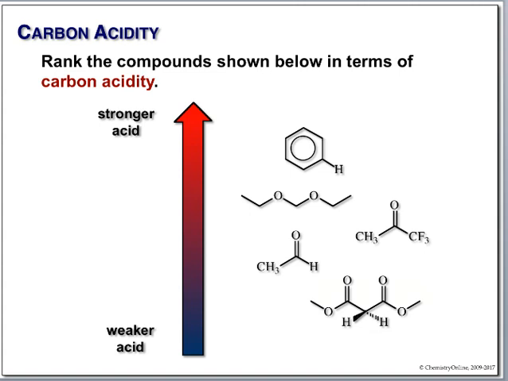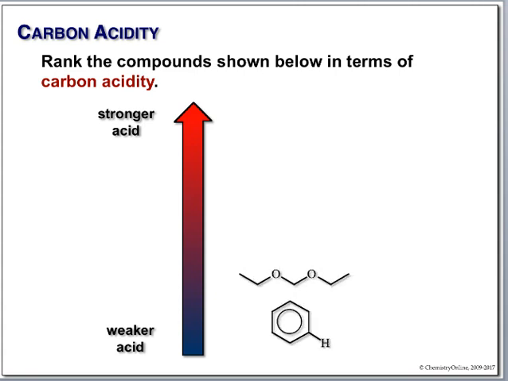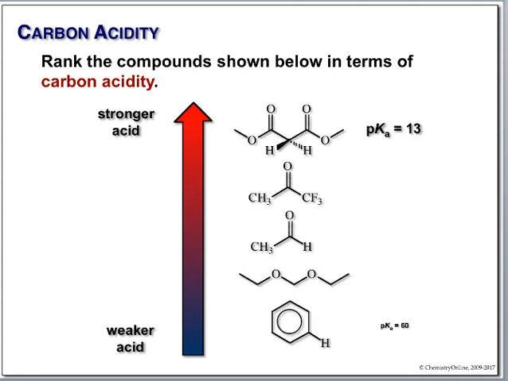This guy is going to be the most acidic, and the least acidic is going to be up here, just plain old ugly benzene. This is actually the ordering. Benzene, once again, is around 60, and this diester is about 13. So remarkably acidic for a carbon compound.